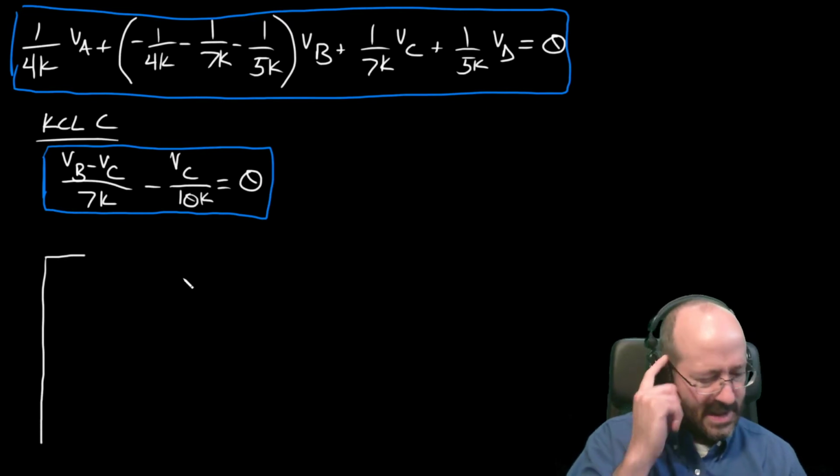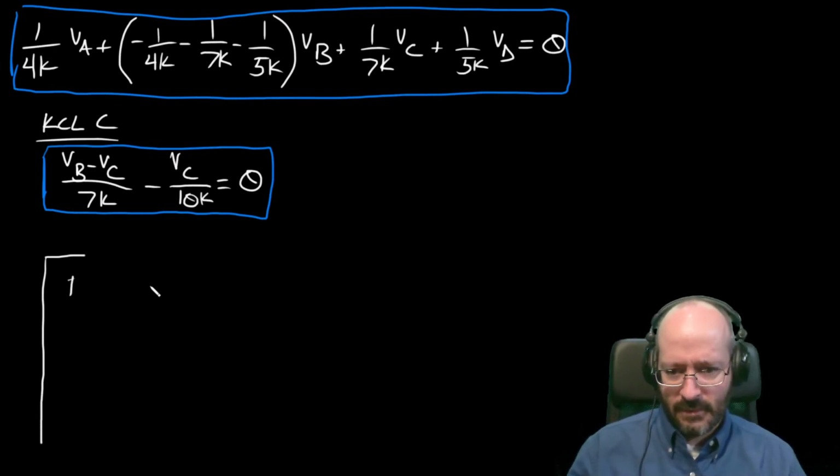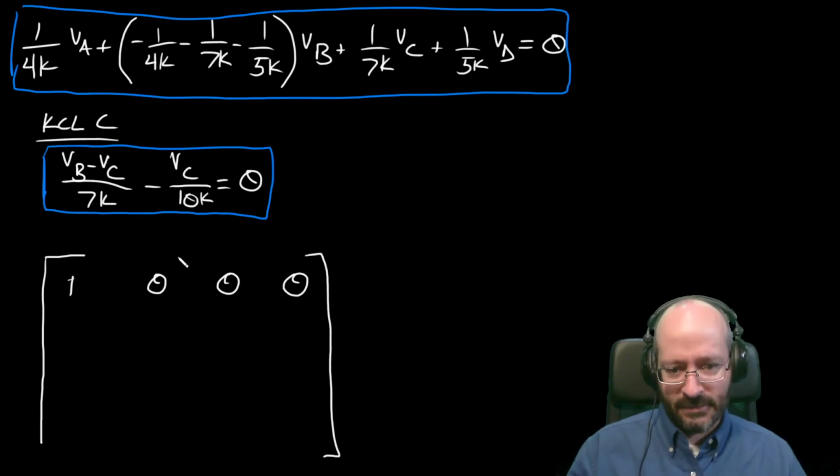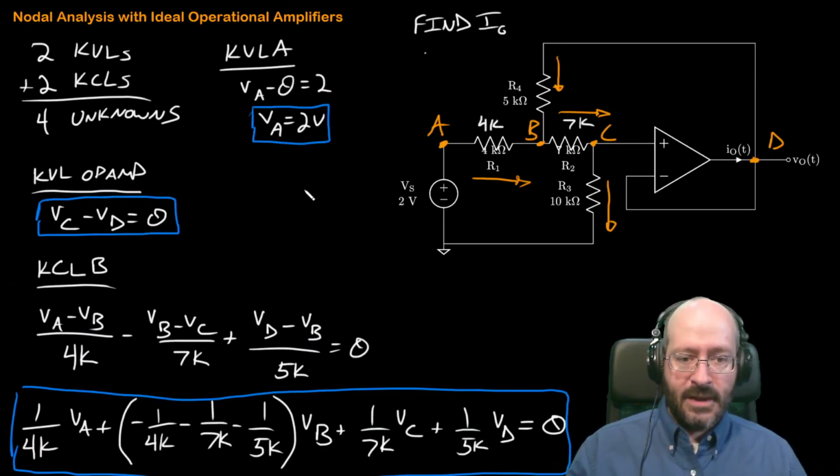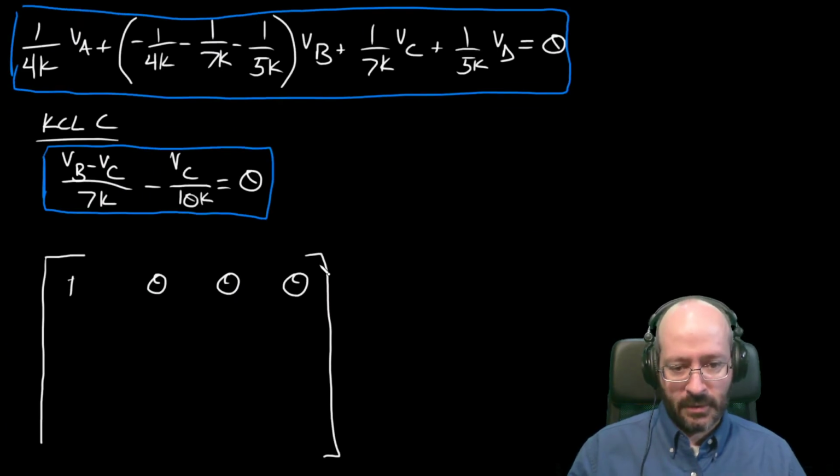Okay, so I think it was VA equals something. I'll go look in a second. So that was our first equation, right? I'm going to have to fit that in this form. VA equals 2. Okay.